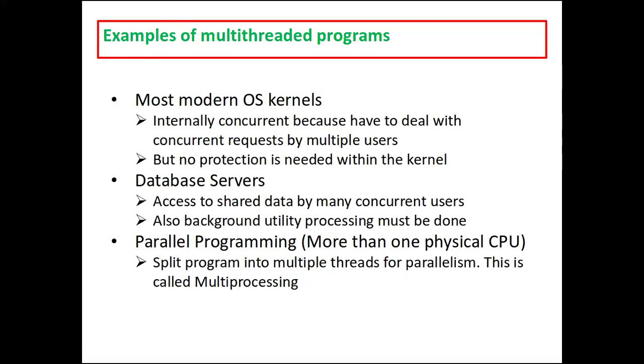This is used when there is more than one physical CPU. The program is split into multiple threads for parallelism. Each thread performs part of the work. Threads run at the same time, and this is called multiprocessing. So these examples clearly show how multi-threading is used in real systems to handle concurrency and improve performance. It is a key concept in modern computing systems.